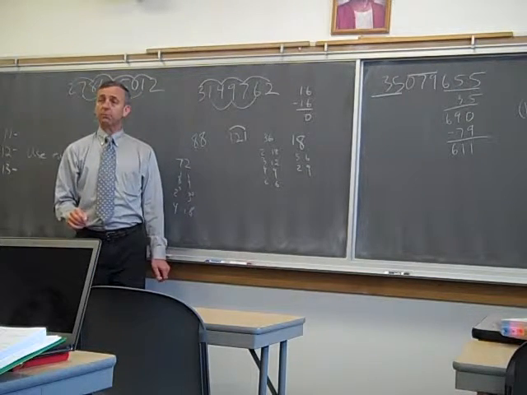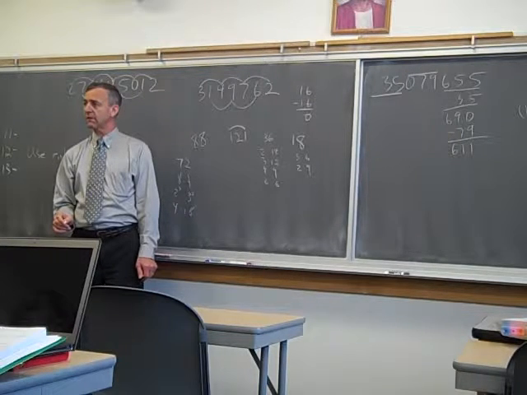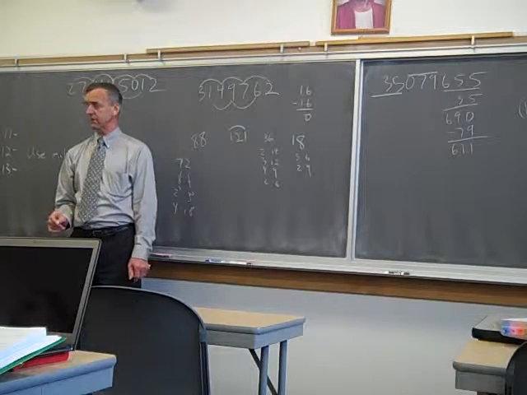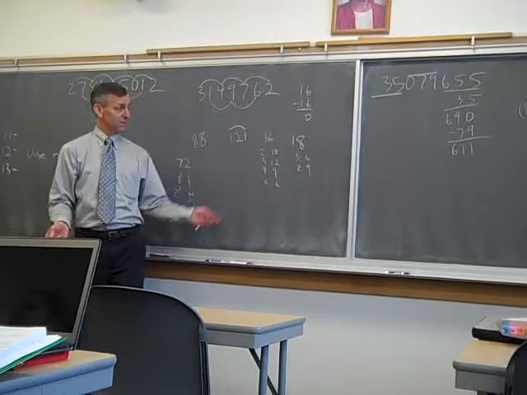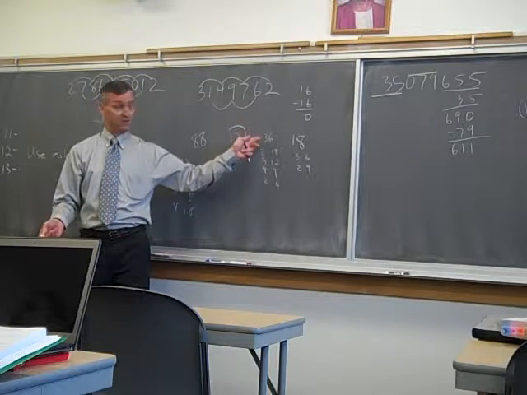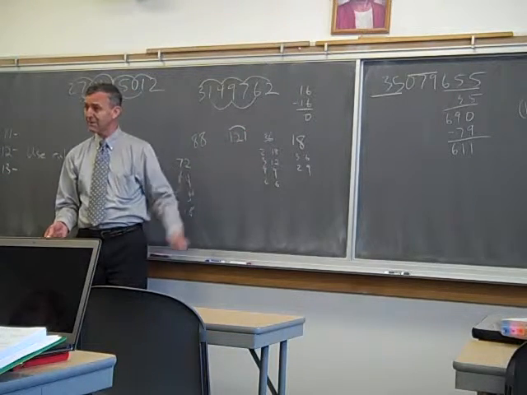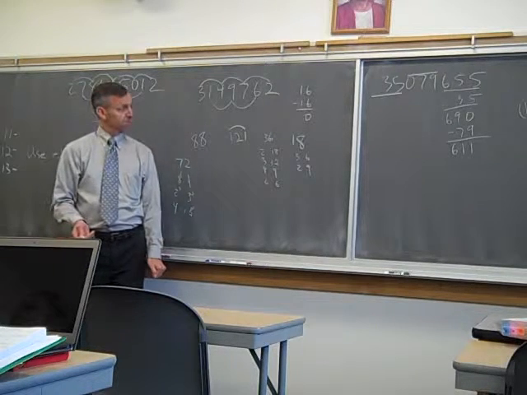Could we use any of those pairs to check whether a number is divisible by 36? So could we check it for 2 and check it for 18? And if it's yes, yes, it will be yes for 36, or no?